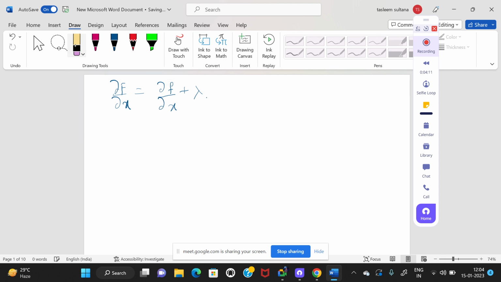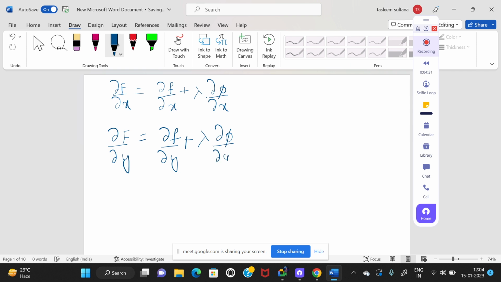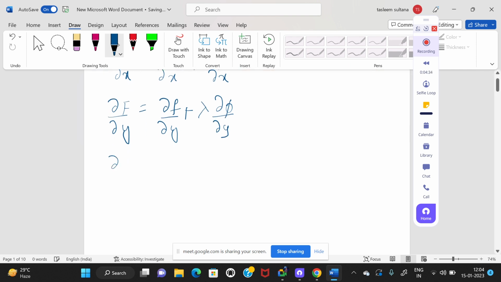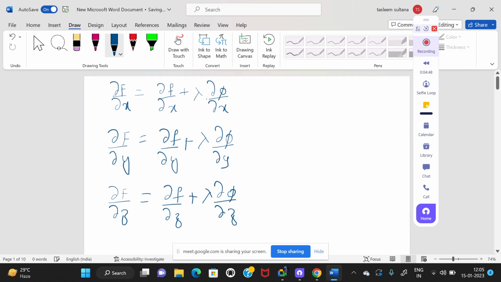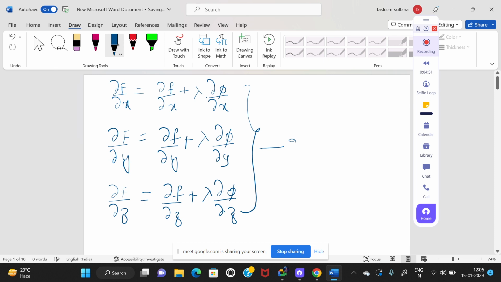Once again I am writing here: dou F by dou x. Then dou F by dou y is equal to dou f by dou y plus lambda dou phi by dou y. Then with respect to z, dou F by dou z is equal to dou f by dou z plus lambda dou phi by dou z. You're going to call this equation number 2.